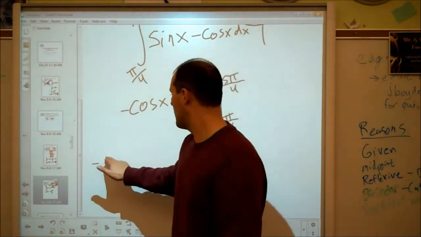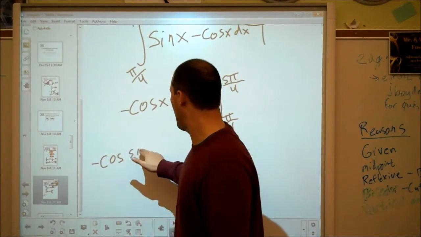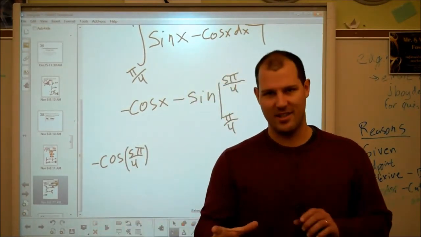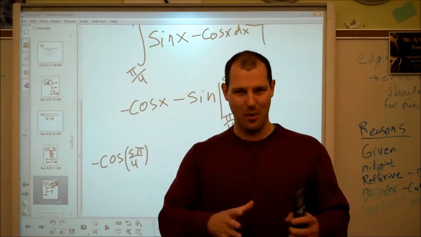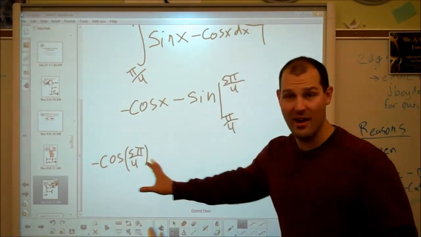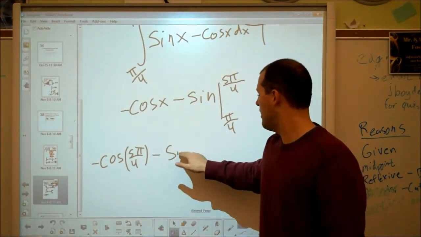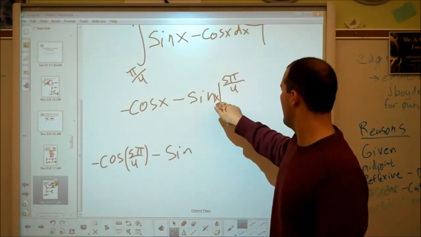So negative cosine of 5 pi over 4. And with these, I'm actually going to write all of them out because it's a little bit easier to make a mistake on this trig stuff than what we've done previously in the lesson. So I'm going to write out all the steps on this one. Minus sine, and it dawns on me that I forgot to write the x right there.